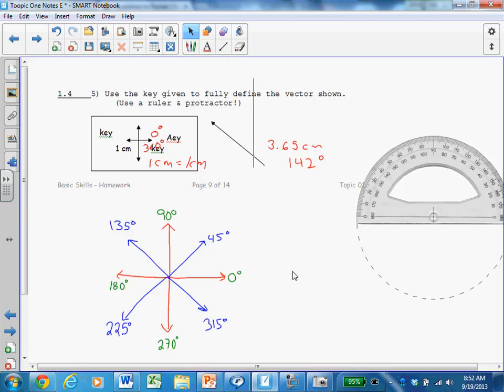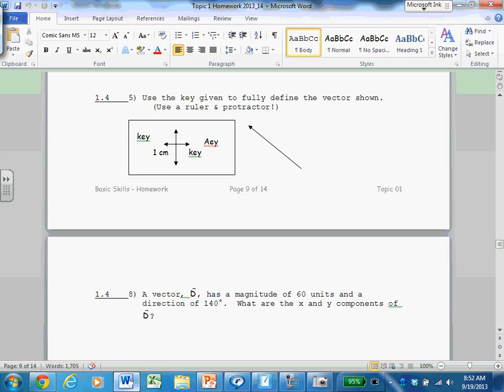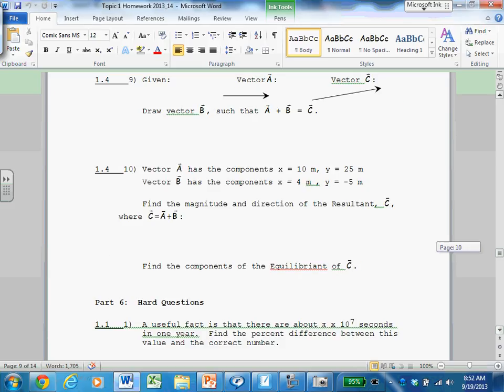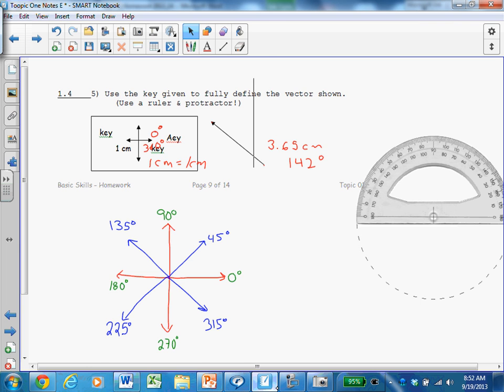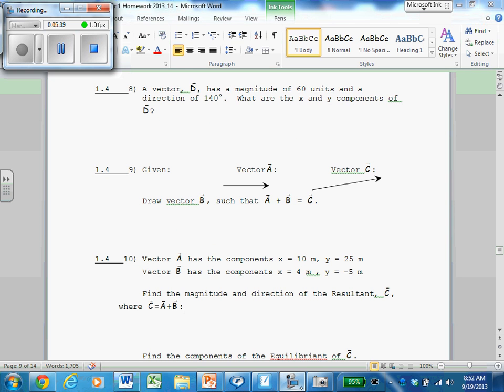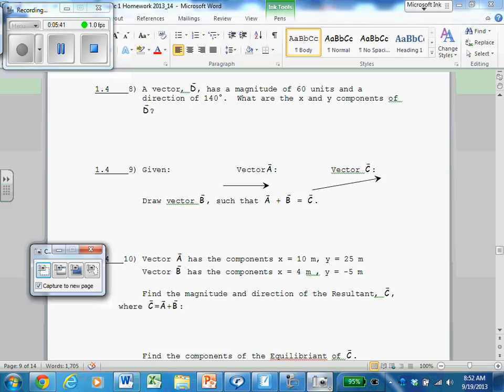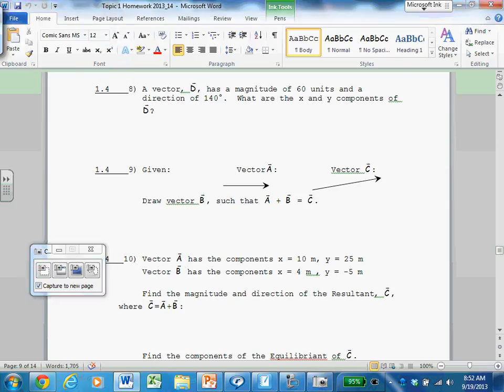Now, next problem. This is on the next page.